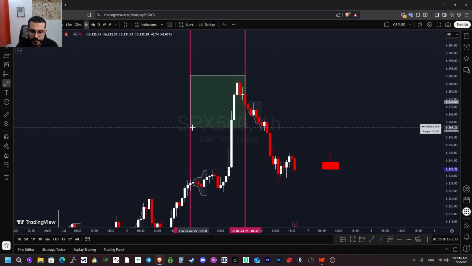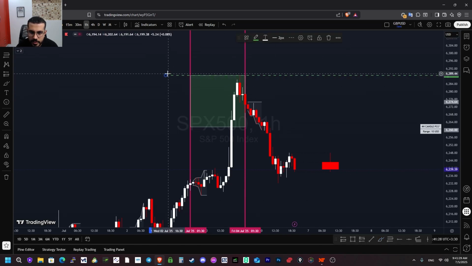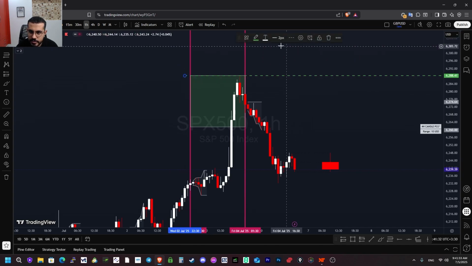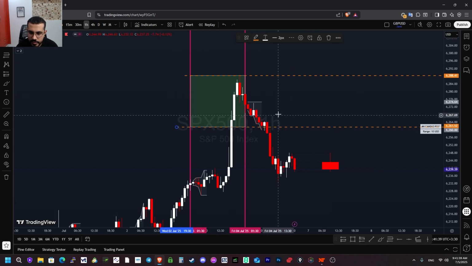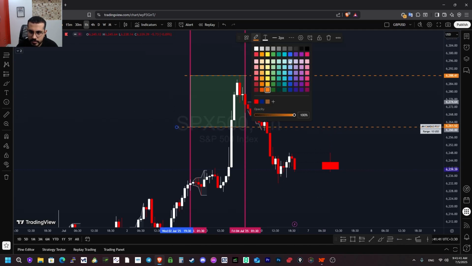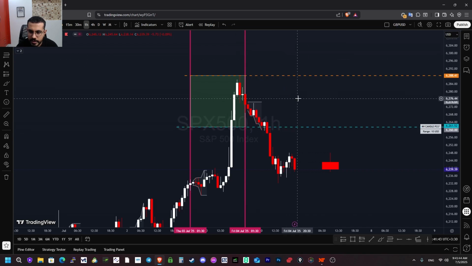I'm not trying to get into the formulas for how it's calculated because you don't need that, and the video would be too long, so I'm just trying to make it simple for you guys. If we put a line on the top of this, let me change the color because it's also green, and put one line on the edge down here, at the lowest price.